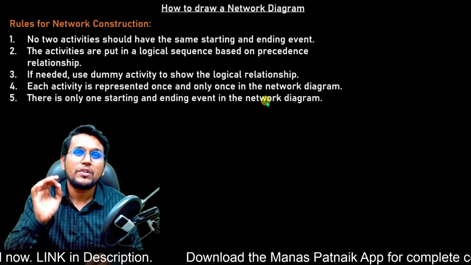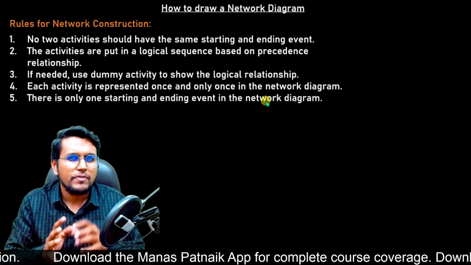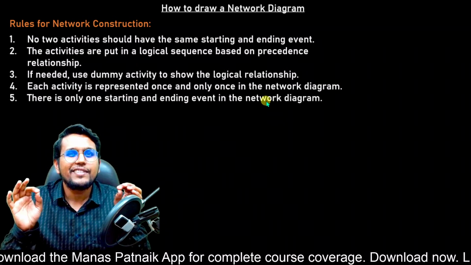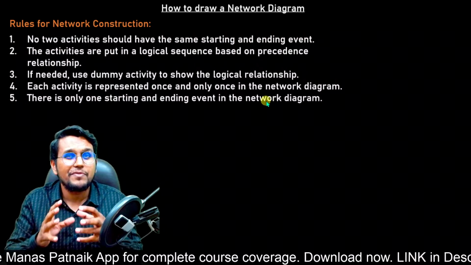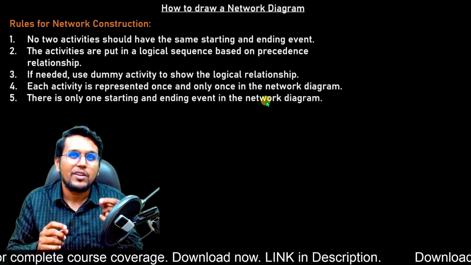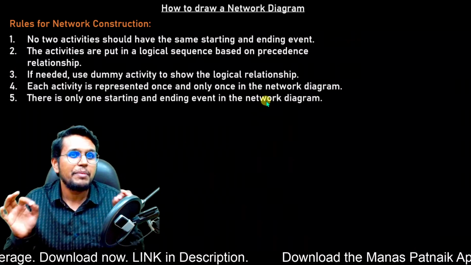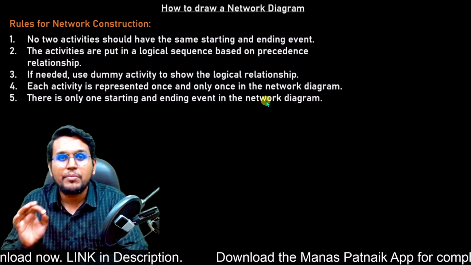This is one of the very important rules that I want you all to remember. Most of the students just forget this last rule, and because of that they draw multiple starting and finishing nodes, and that's where the problem arises. So please remember this last rule. It is extremely important.